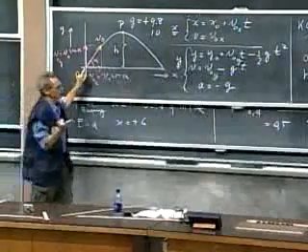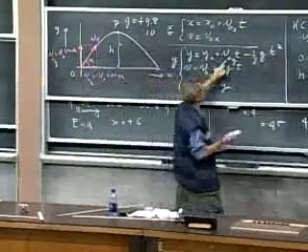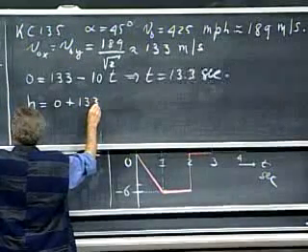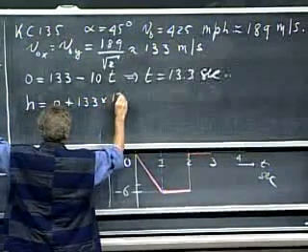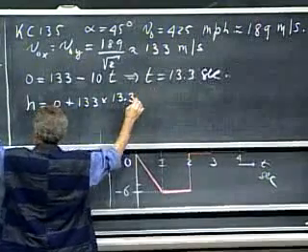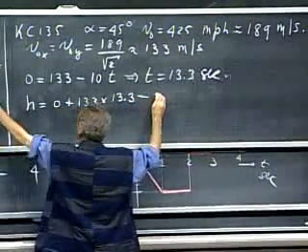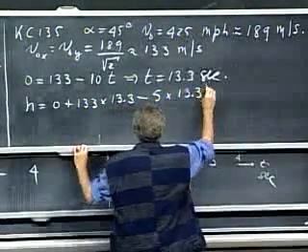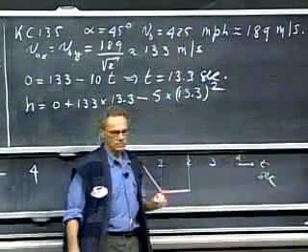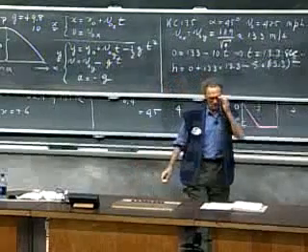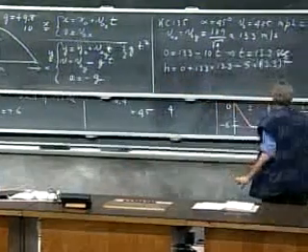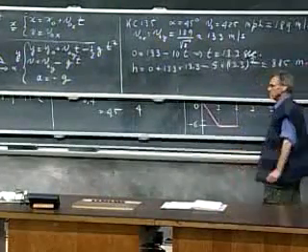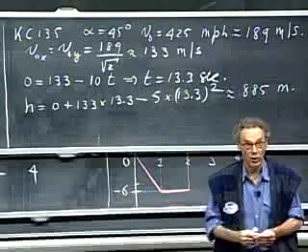I'm free to do that. h equals 0 plus 133, that is the speed, times 13.3 seconds, minus 1/2 times g, that is 5, times 13.3 squared. That is what h must be. And that turns out to be about 885 meters. I think I told you last time it's about 900. Close enough.